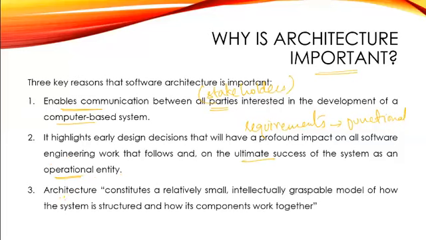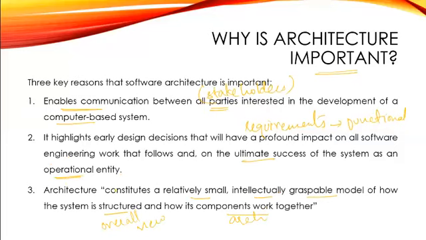Then the third point is architecture constitutes a relatively small, intellectually graspable model of how the system is structured and how its components work together. Now, by making an architecture, you'll get to know what the different components are, how they're working, how they're connected. Structure is, you can say, like an overall view.